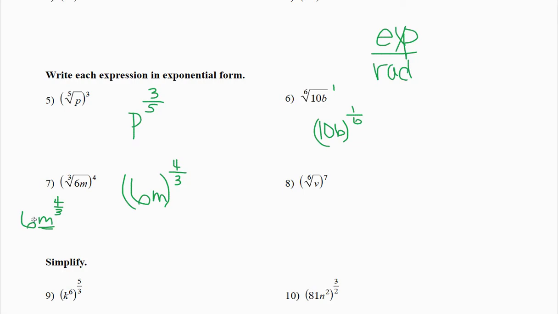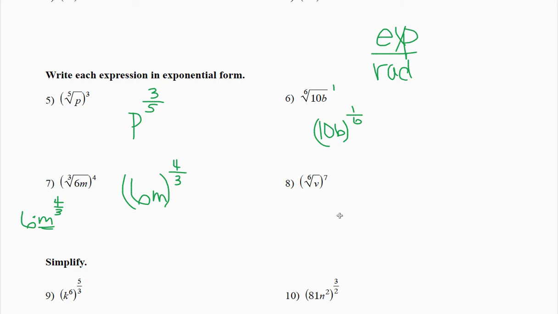So what this is saying is 6 times m to the 4/3, which would put this 6 on the outside, which totally changes the value. In fact, it changes it by a factor of 216. So it is very, very important that if there is everything inside the radical, it must go inside parentheses.